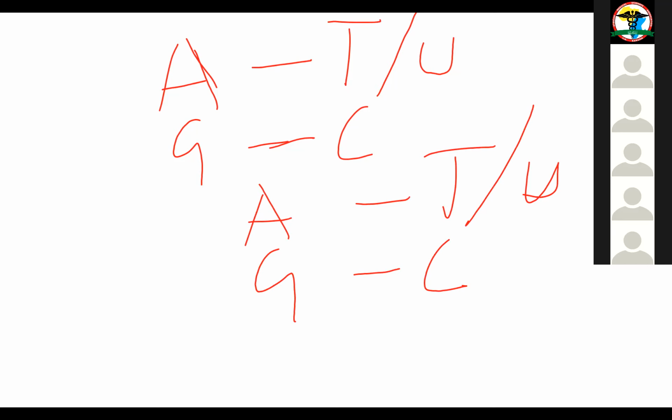The number of G that you find in a DNA should be equal to the number of C. And the number of A you find in an RNA must be equal to the number of U, which basically means the difference between DNA and RNA is this one. You never find thymidine in RNA, and you will never find uracil in DNA. This is what is regarded as the law of complementarity.